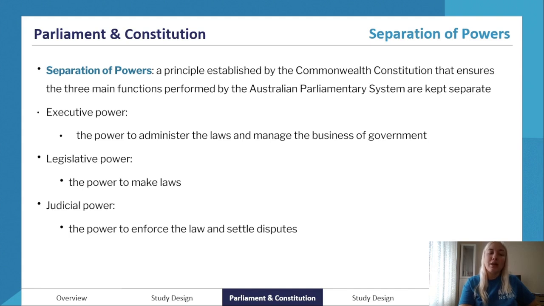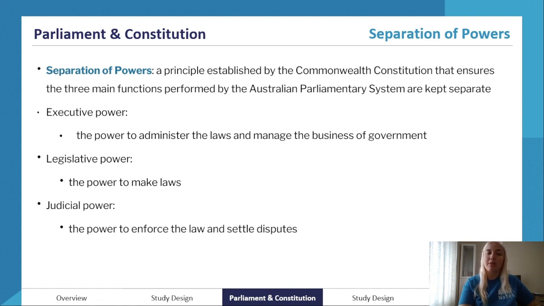Now, to explain each one, executive power is the power to administer the laws and manage the business of government. So these are all of our ministers that have certain roles, such as the treasurer that is in charge of funds, and the minister of education that is in charge of the education system. These are all examples of executives.